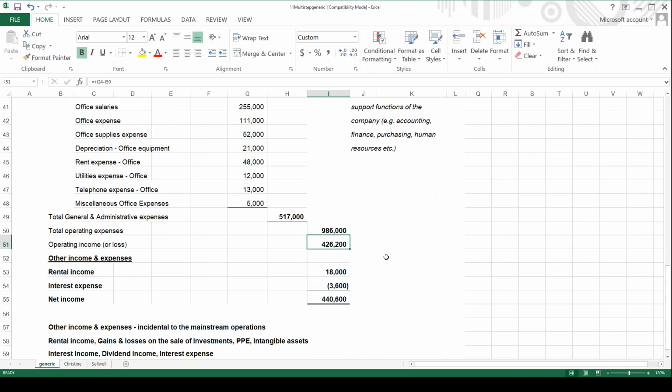So if we take our operating income, add in our rental income, subtract out our interest expense, we get to the final Jeopardy answer, which is what? Our net income. Well, what's missing here is the taxes. So in our first semester here, we're dealing with sole proprietorships, yeah?